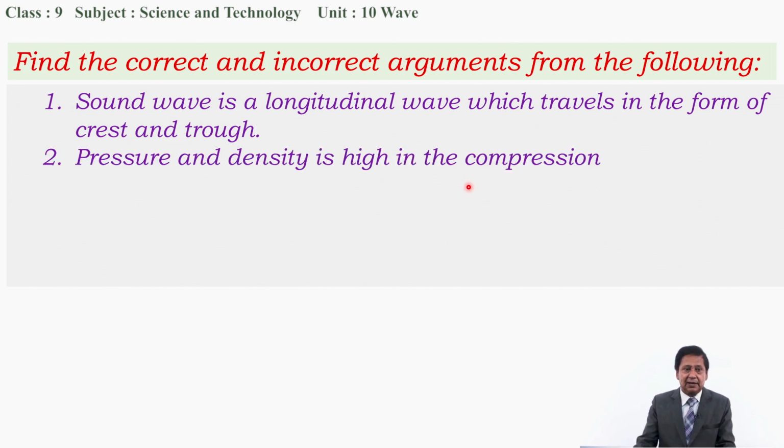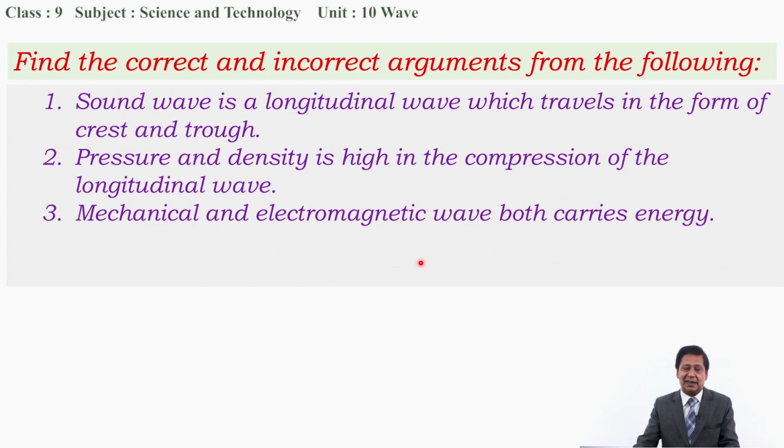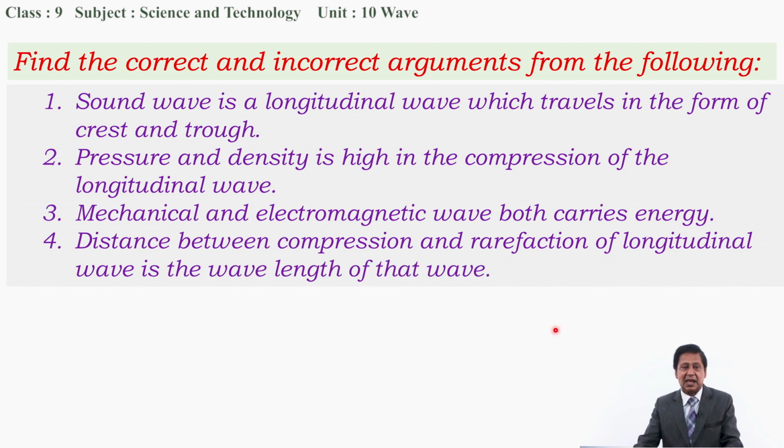Evaluate it. Now, pressure and density are high in the compression of the longitudinal wave. Now think about this also. Mechanical and electromagnetic wave both carry energy. Is this correct? Okay, another one. Distance between compression and rarefaction of longitudinal wave is the wavelength of that wave. Okay, these are the arguments.